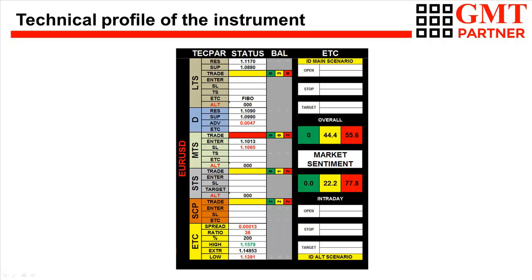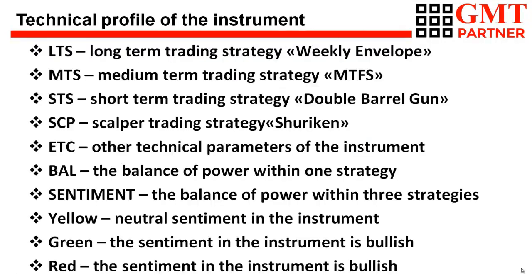Finally, summing up the scores within all trading strategies, the overall balance of power in the selected financial instrument can be calculated as a percentage. This information is indicated in the rightmost column of the technical profile, sentiment. The next slide gives some additional explanation of the information specified in the technical profile of the financial instrument.